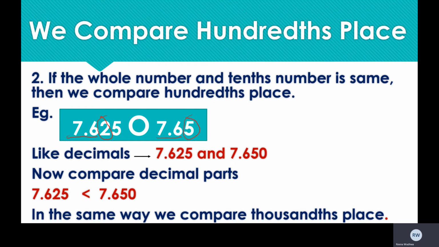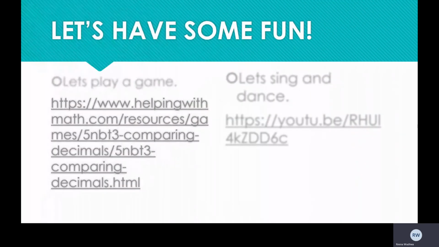Which is greater? 5. So we will put it here. And we can also make it like decimal by adding 0 at the end. So it is 625 and it is 650. Now we compare the decimal part. So this is the greater one. In the same way, we compare the thousands place.